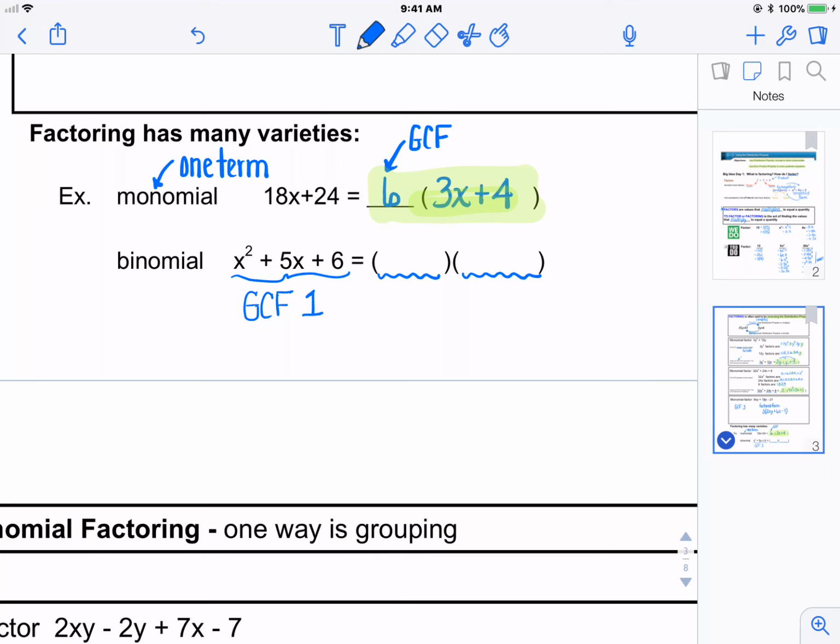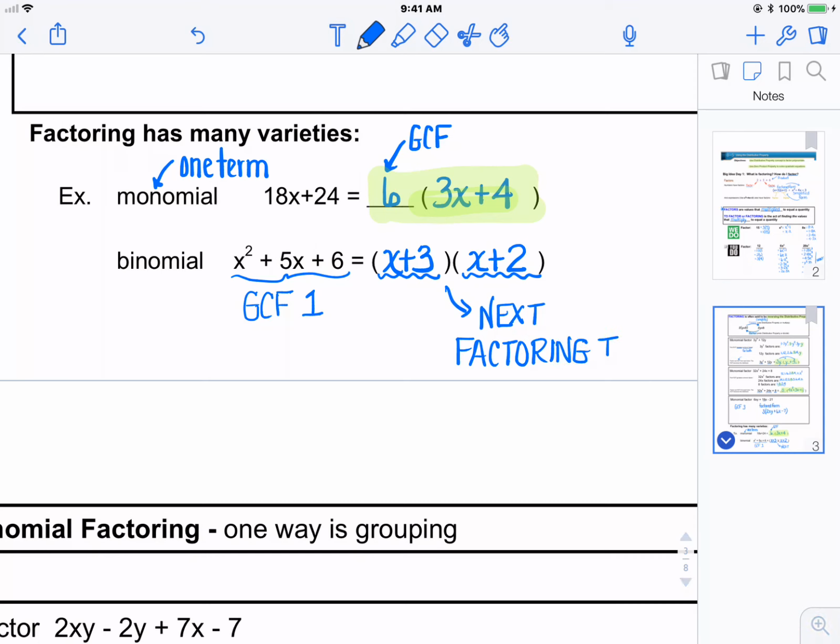Eventually, and you're not going to know how to do this quite yet, eventually we'd want to get this back into a form where if we multiplied it out, we would get x squared plus 5x plus 6. And if you check what I just wrote in there, that will work. So this is our next factoring type that we need to try to find ways to do. So GCF, or monomial factoring, came first.